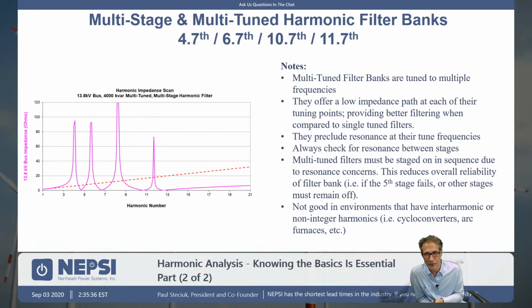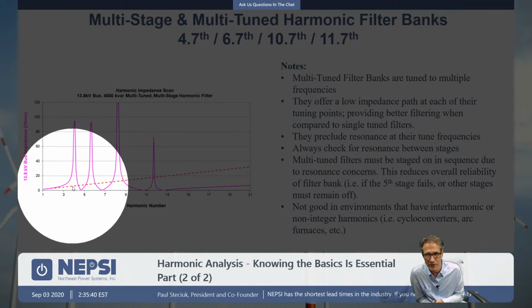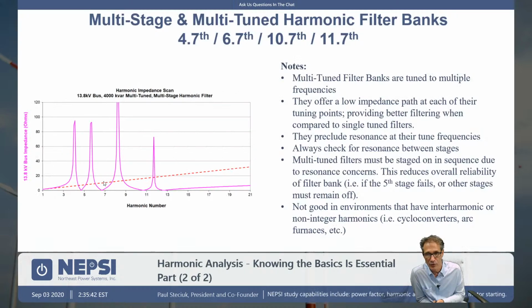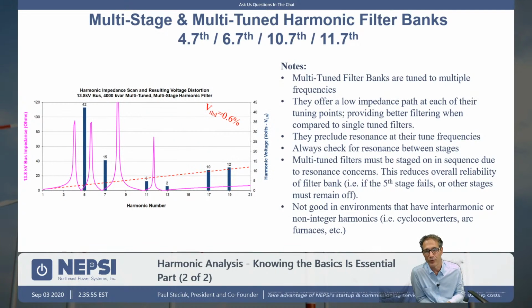Obviously here you can see that we have significantly dropped our impedance relative to that transformer impedance line. So we are going to have more harmonic current flow into the filter branches because we have a much lower impedance. So in this case, the distortion would drop to 0.6%.